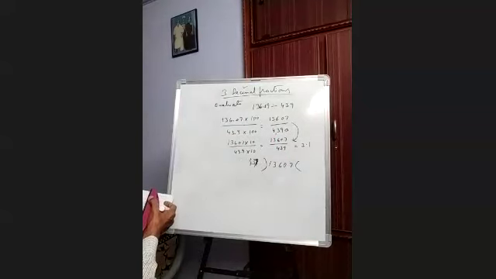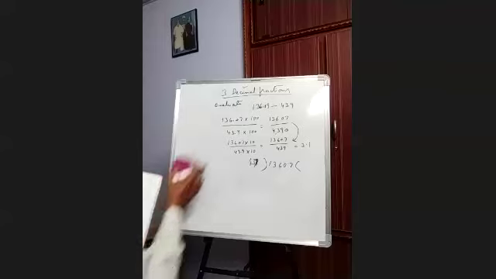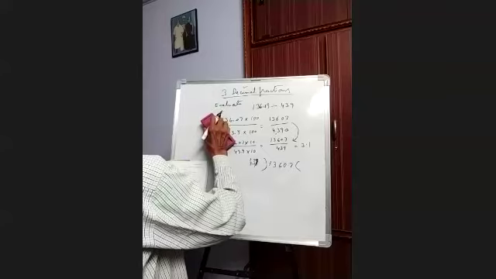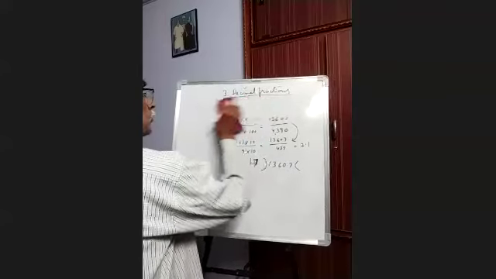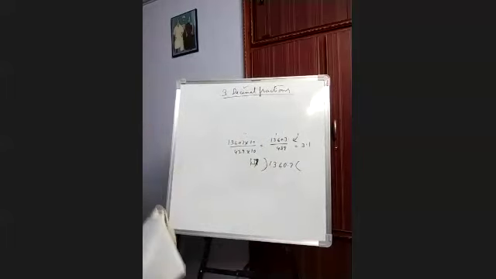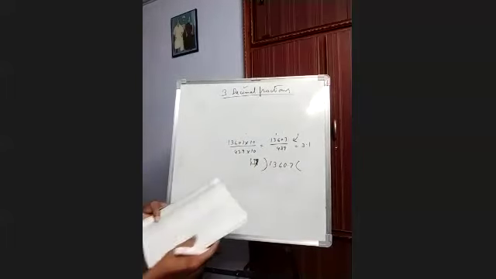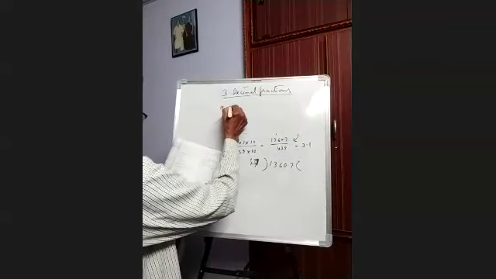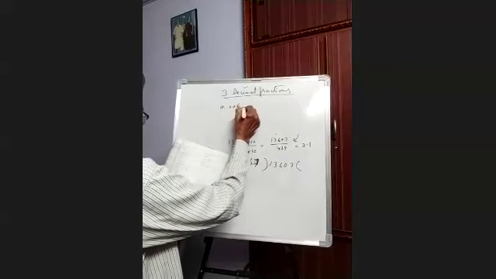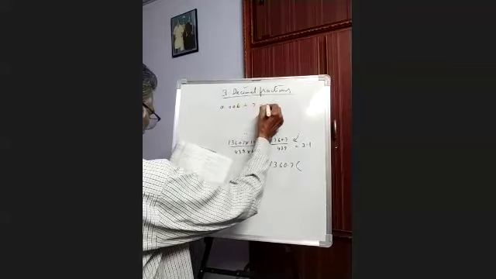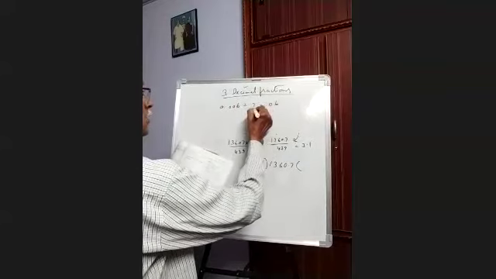Next question. 0.006 divided by question mark is equal to 0.6.